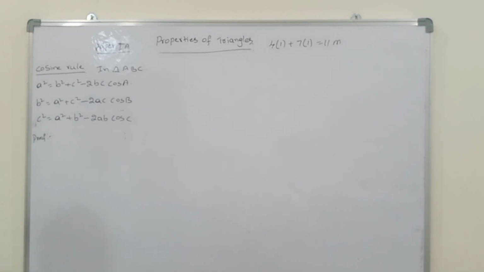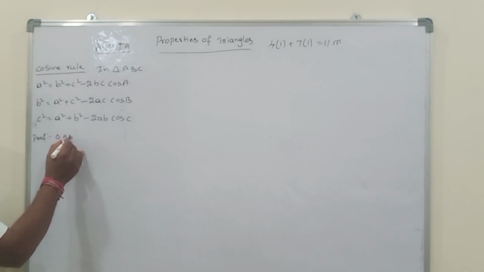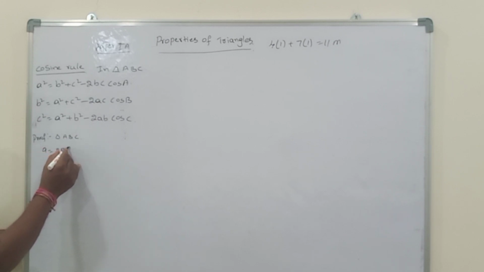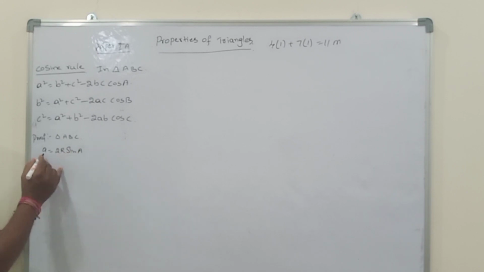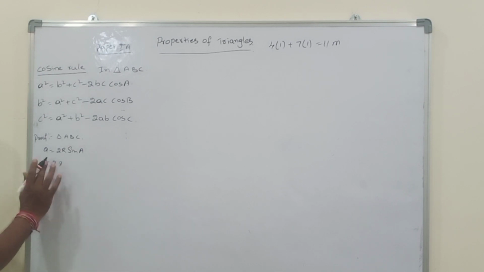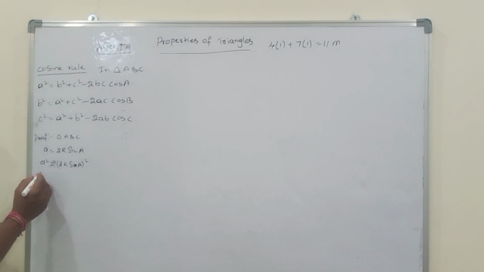Okay, so we have, in triangle ABC, a is equal to 2R sin A. Then a square is equal to 2R sin A whole square.